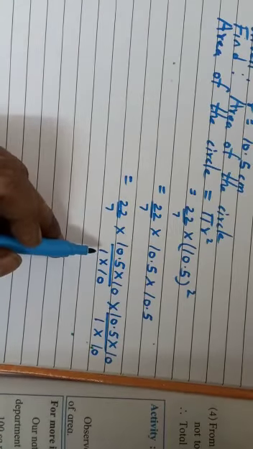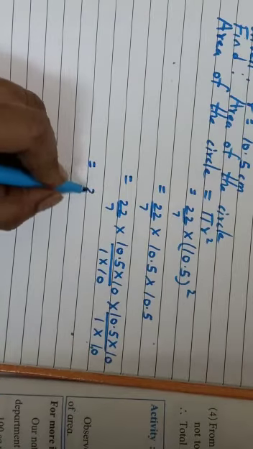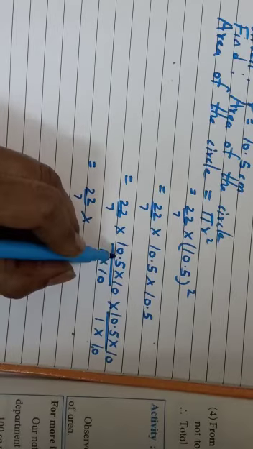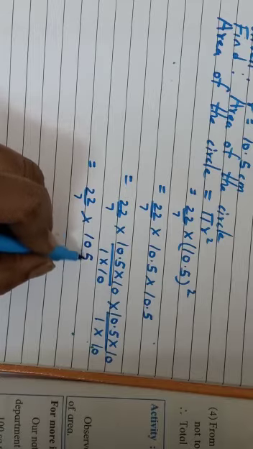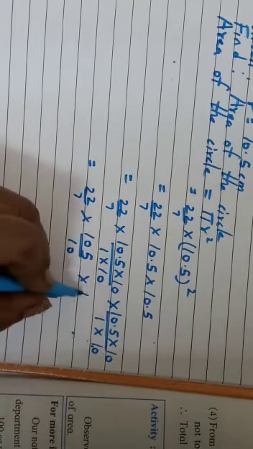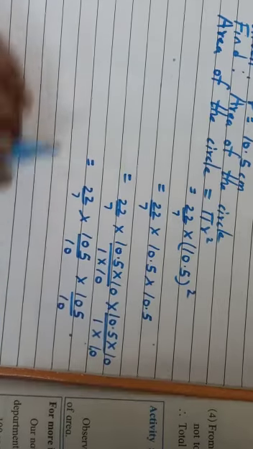Now what we have to do? This is equal to 22 upon 7 into, now the decimal point will shift by one digit, so 10.5 into 10 will give you 105 upon 10, and again 105 upon 10. Now this you keep as it is.